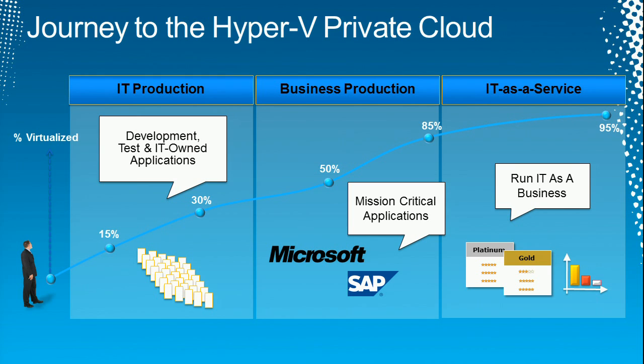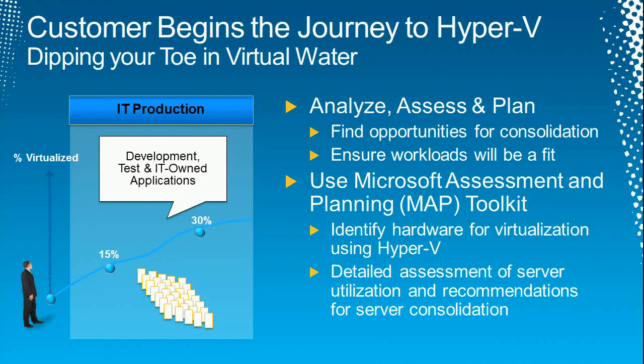At this point, you're getting to about 50 to 80% virtualized. And then the last phase is IT as a service, running your IT as a business. At that point, you're essentially 95% and on. You're fully virtualized, and you're really set up to move, if you wanted to, into a public cloud and a hybrid cloud model.